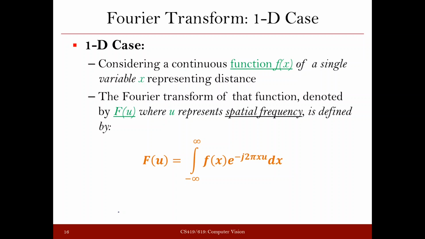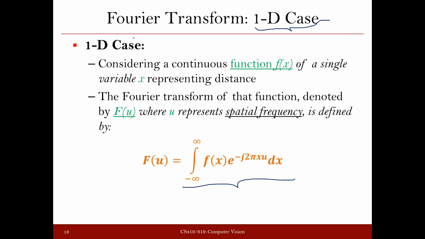We'll see the Fourier transform for the 1D case first, and then the 2D case. First we see it for the continuous domain, and then we'll go to the discrete domain. And for us, the discrete domain is applicable because our images are discrete images. They are not continuous functions, right?